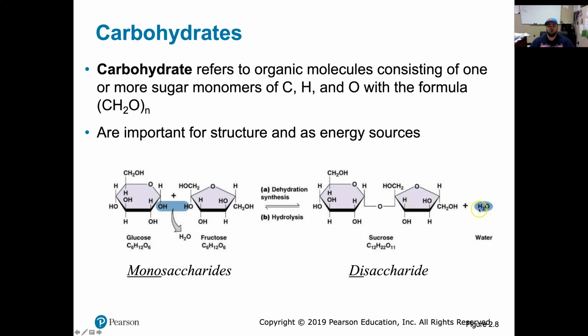You can take a water, break this bond between the two sugars via using hydrolysis, and you go back to the individual monomers. So like I said, it's building them and then breaking them back down, over and over again. It's constantly happening. In bacteria, in our cells, it is constantly happening.